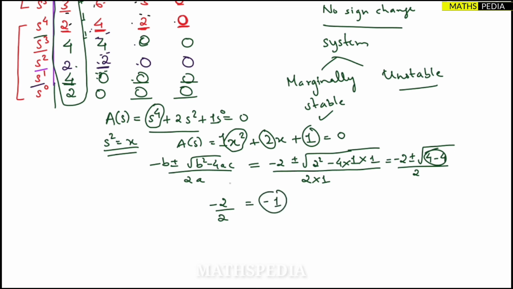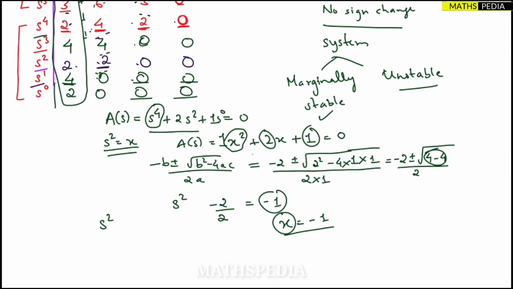Okay. So basically this is nothing but the s square value. Why? Because we have found the x value, right? The x value we got is minus 1. That is nothing but s square. We are getting the value of x only. Correct? So two values of x should be there.